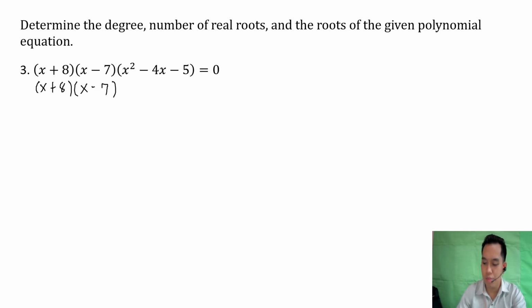Yung x squared minus 4x minus 5, linear factor siya o hindi? Laila. Linear factor siya or hindi?